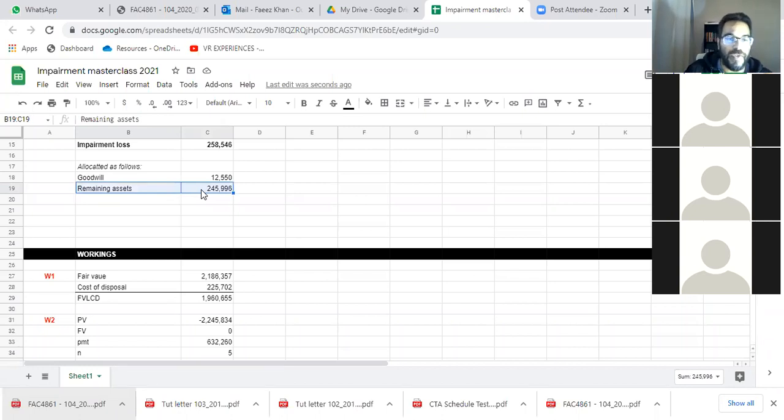So just take note, okay? Of the remaining assets, you must have a look at what goes through OCI. And then the remaining goes through profit or loss.